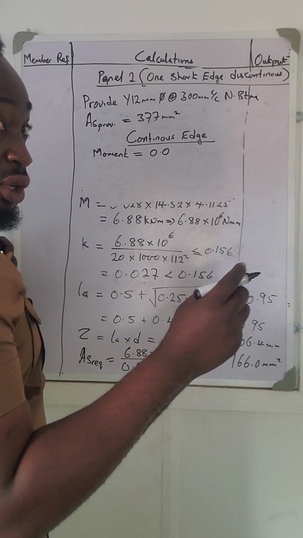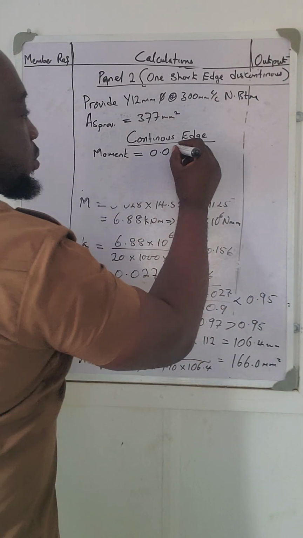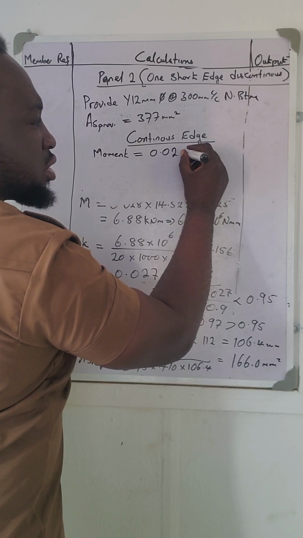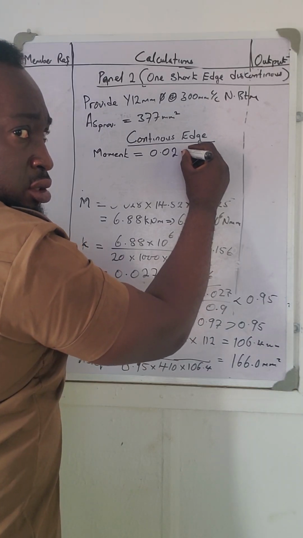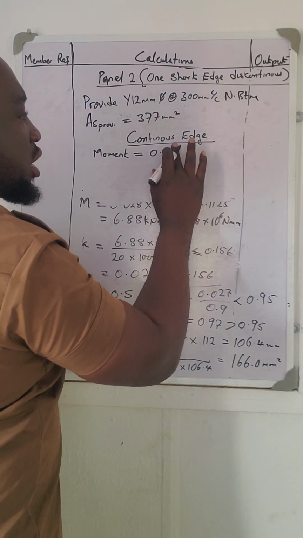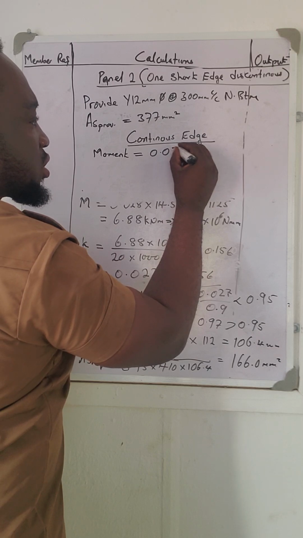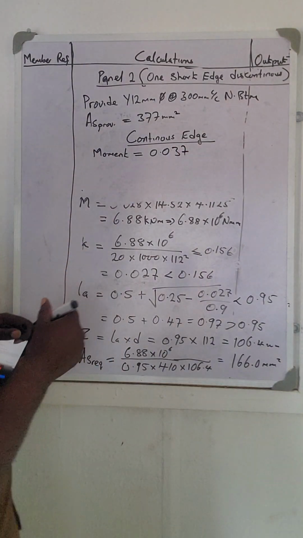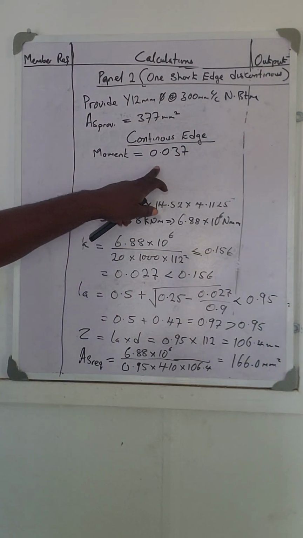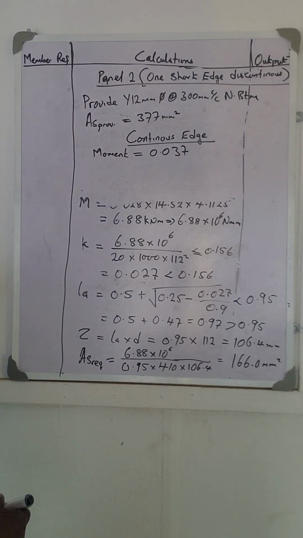Is it 0.028? The negative one I'm talking about is 0.037. This is the moment coefficient we're going to use for the continuous edge.